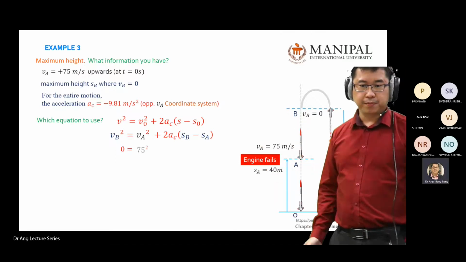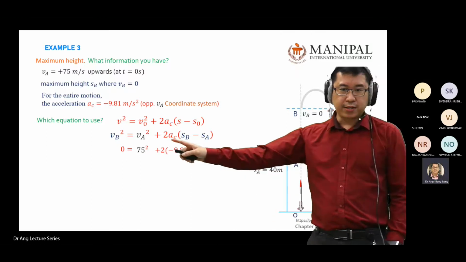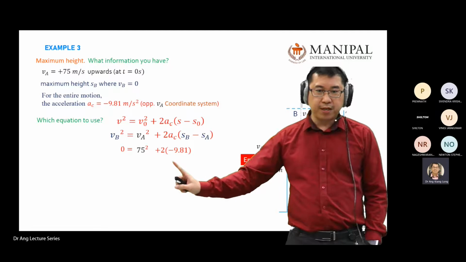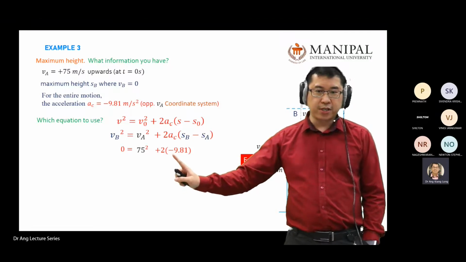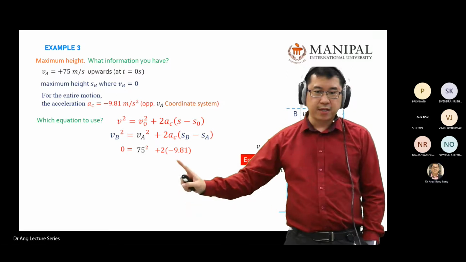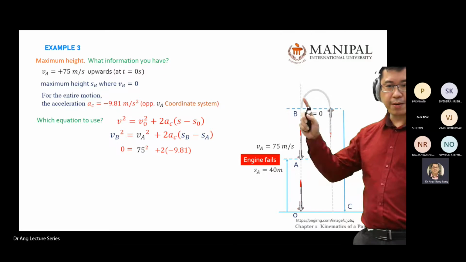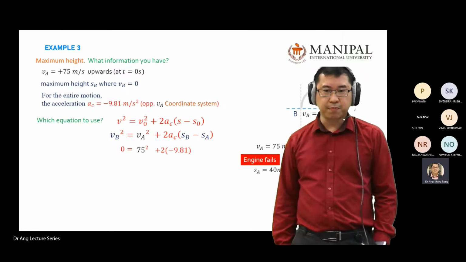VB 0, VA 75. Acceleration, again, this is a popular mistake made by students. They forget acceleration is going downward. That's why I get negative, because we already defined going up as positive. So acceleration is going down. Gravity is always pointing down.